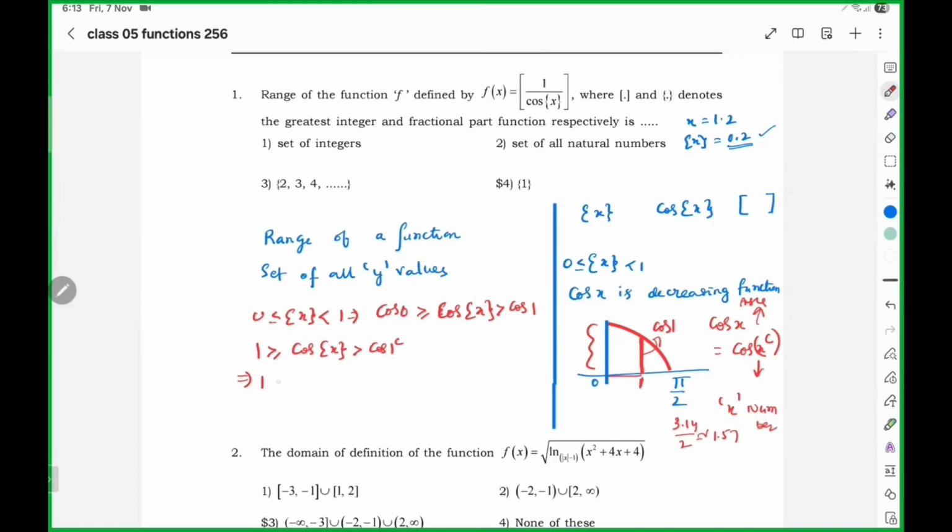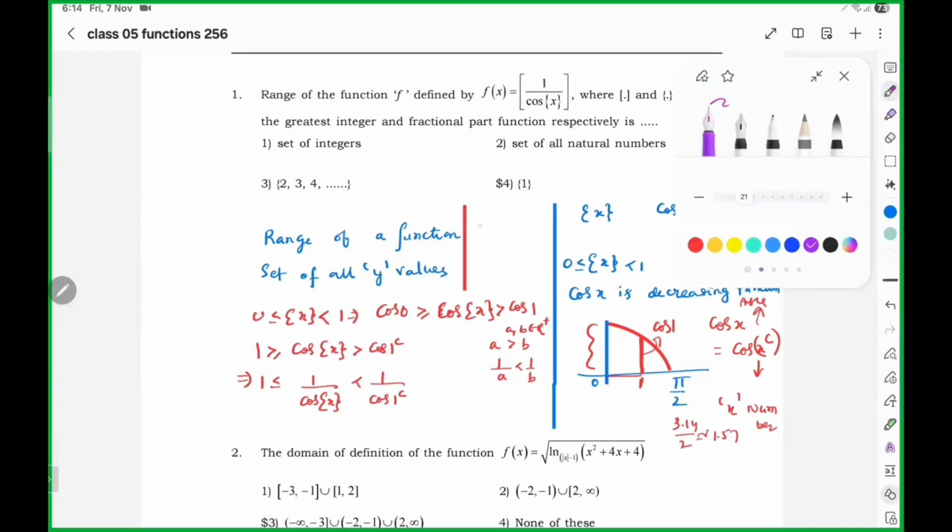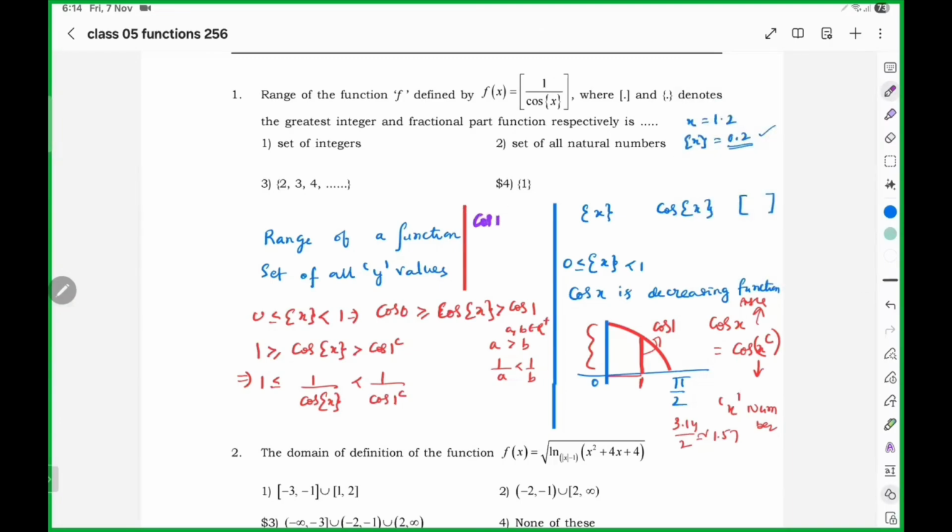If I take the reciprocal, because A and B are positive, 1 by A will be less than 1 by B. So here I can write cos of the fractional part of x is less than cos 1 radian. 1 radian is roughly 57.3 degrees, roughly cos 60, which is half.